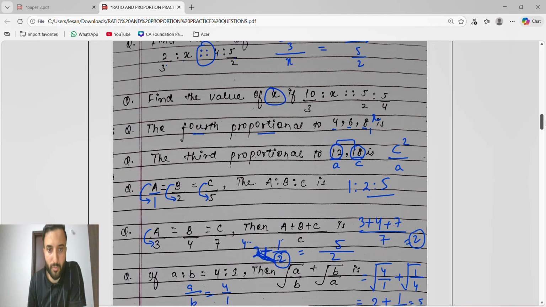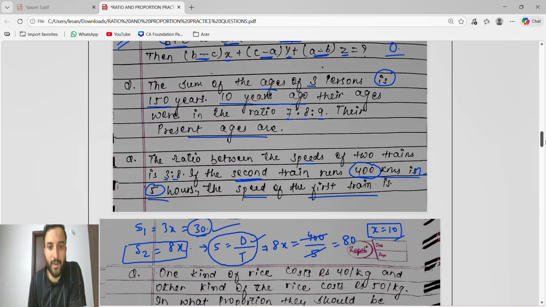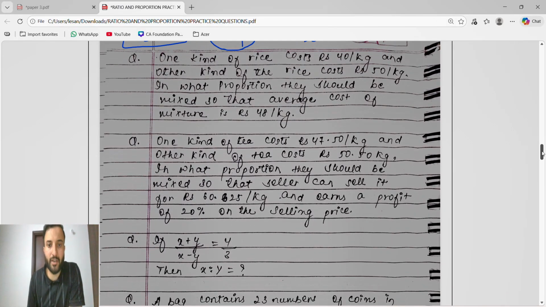So this all indicates ratio and proportion. We get to know that yes, we are dealing with ratio and proportion. Guys, let me complete these 57 questions.